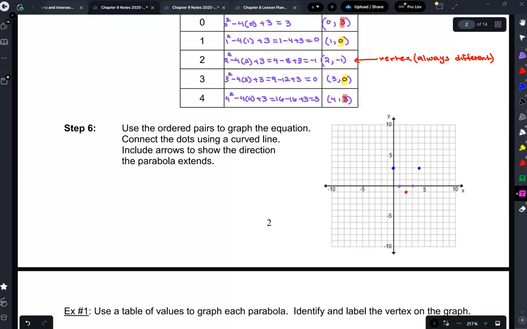When you graph, you're going to connect the dots using a curved line. Take a look. Don't draw this. Just watch. If you do this, you don't get any credit because there is not a corner here. It should be a curved shape, a parabola.